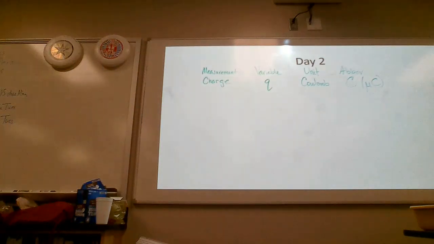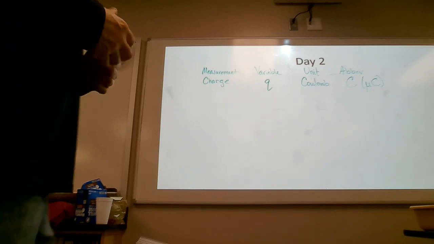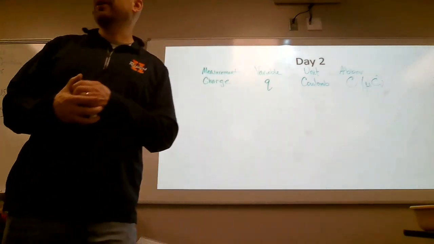And then just go through the rest of the variables and list those out. There's very few things in here I tell you to memorize. This is one of them. It is essential that you know what the variable and the units are that go with that.